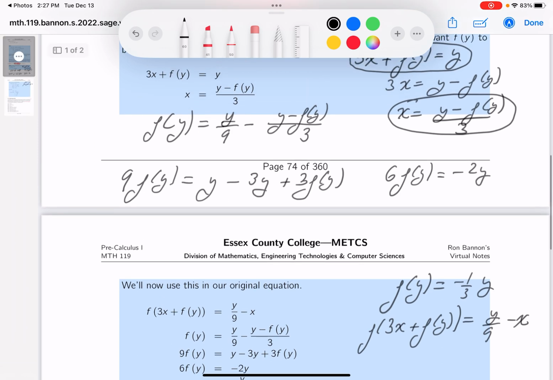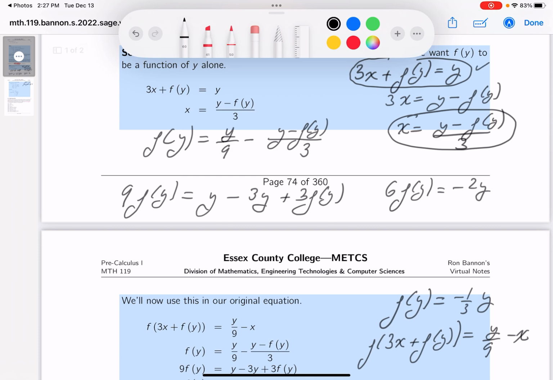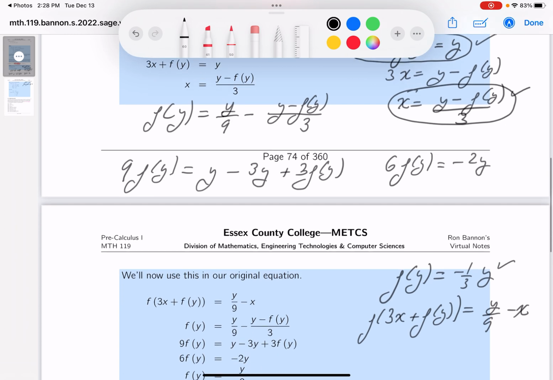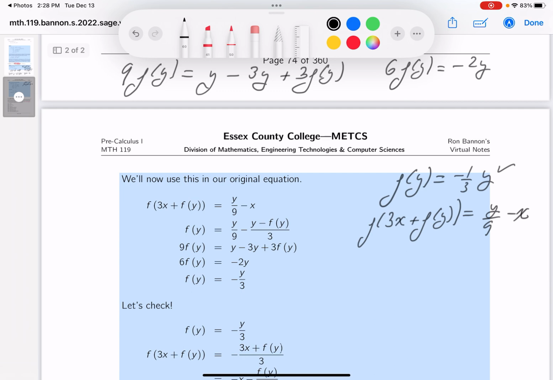And again, going back to what I was saying, I hope you remember that. I eventually got down to a statement, and the question is, let's take a look at it and see if this is true. What I got over here is, I know what the function is. It takes minus 1/3 of its argument.